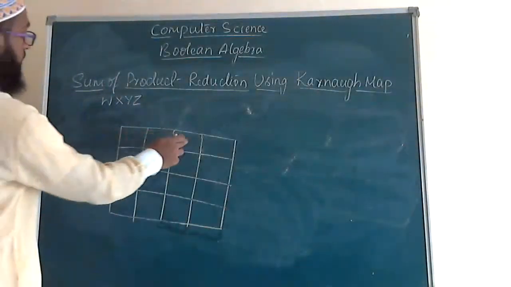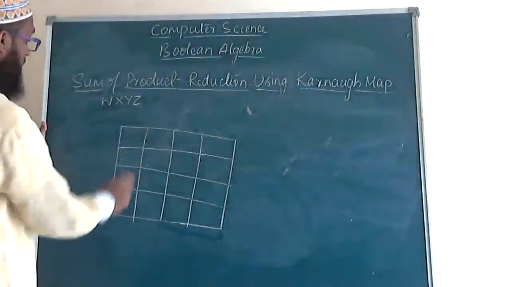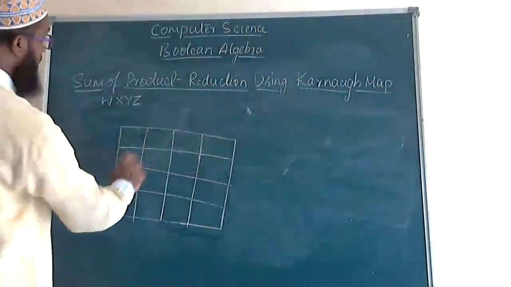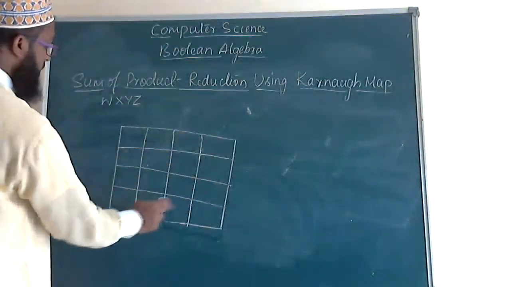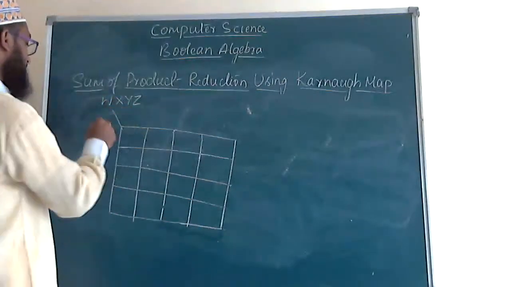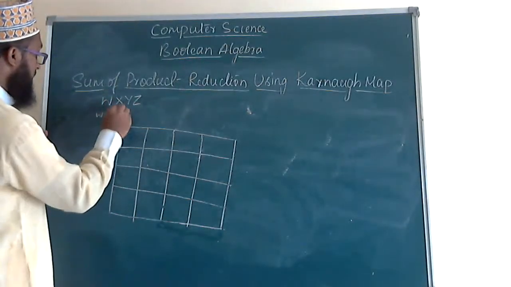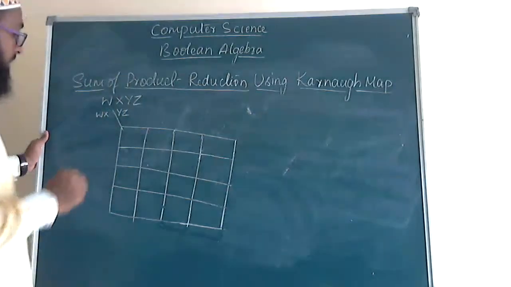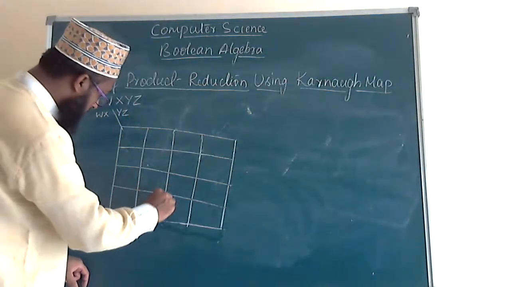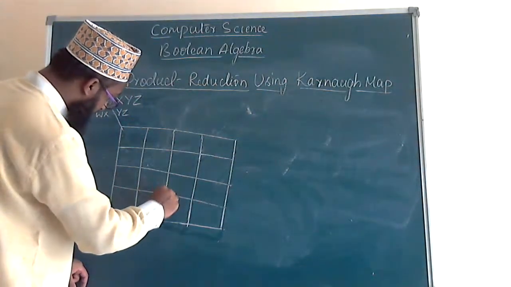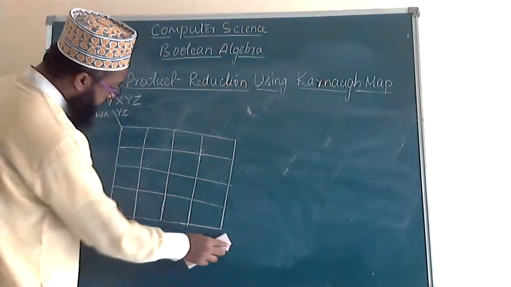If we take 4 columns and 4 rows, then this will become 16: 1, 2, 3, 4, 5, 6, 7, 8, 9, 10, 11, 12, 13, 14, 15, 16. So represent here WX, then YZ.